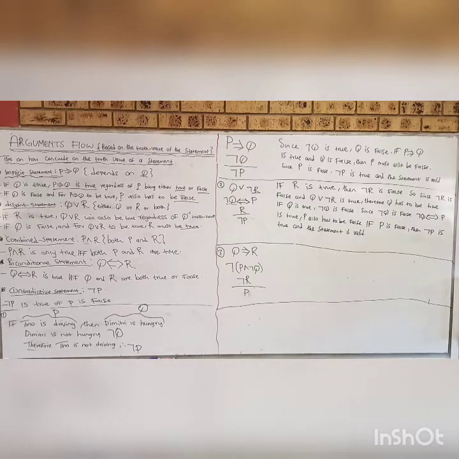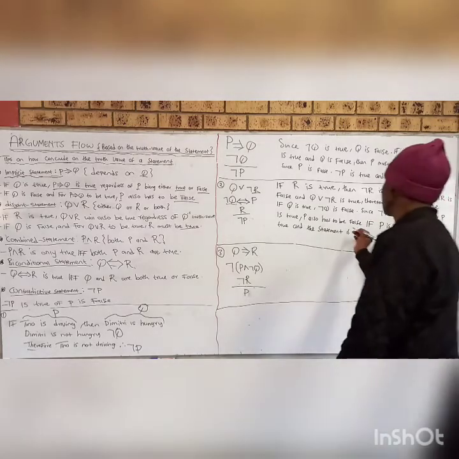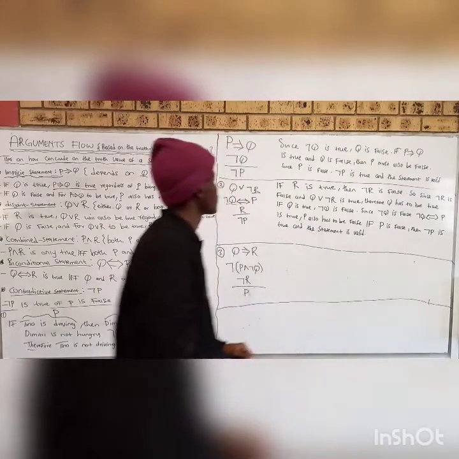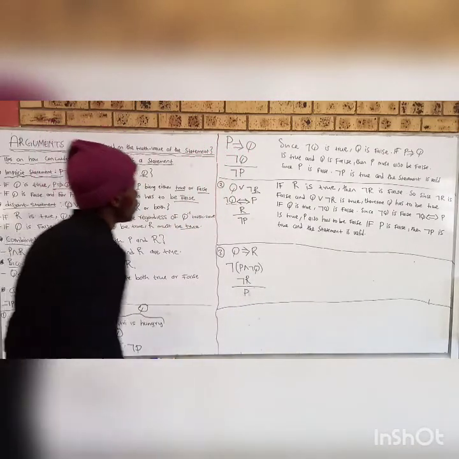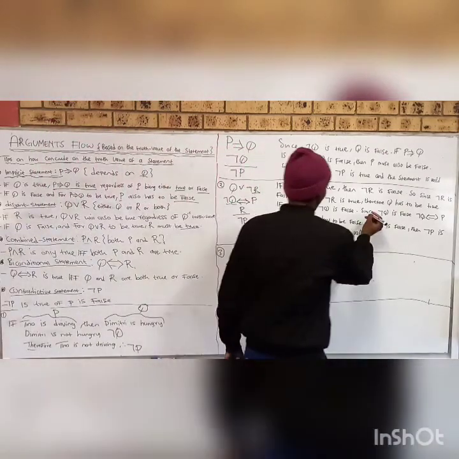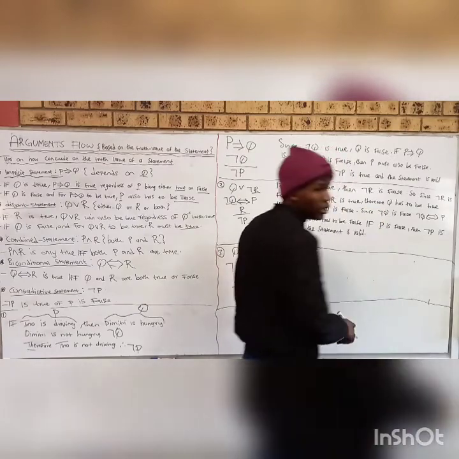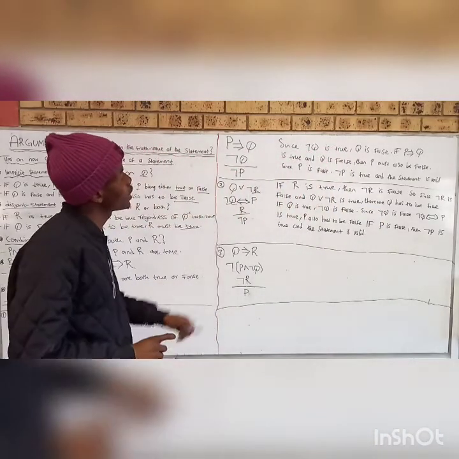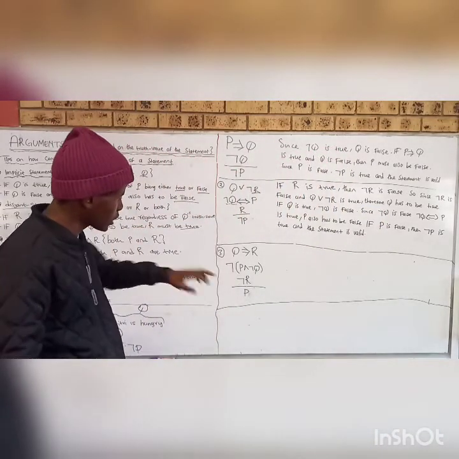We have a valid statement. So this math is interesting. So you just have to understand what's going on in here. So hopefully you'll get it well. So let's try this one.